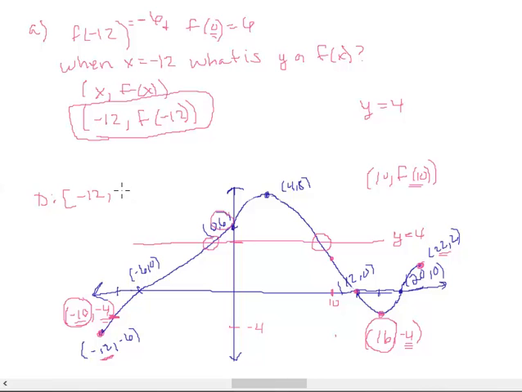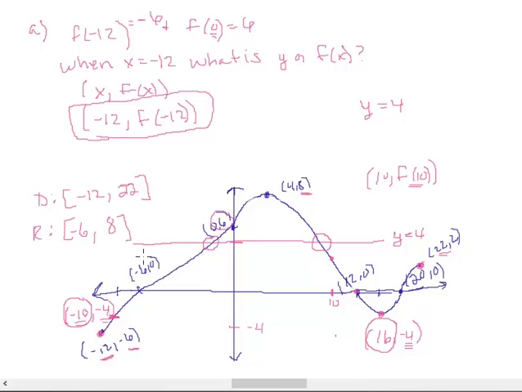So the domain is -12 to 22. Now for the range, again I'm thinking up and down. So I want to find the smallest y value to start with. It looks like the smallest y value is -6, and then the highest y value is +8. So domain and range in interval notation.